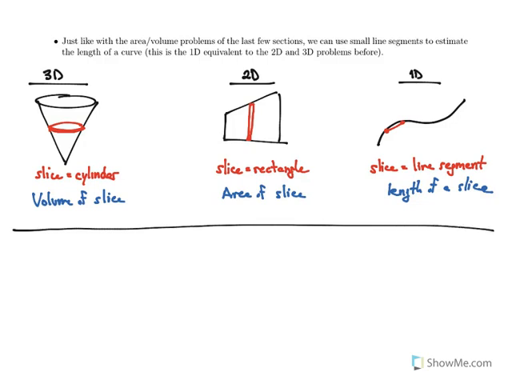The goal of this section is to take a curvy line or a function that's going to be difficult to find the length of because it's not just a straight line. We are going to estimate that by looking at a bunch of straight lines that are easy to find the length of. So again, we can estimate the length of a curve.